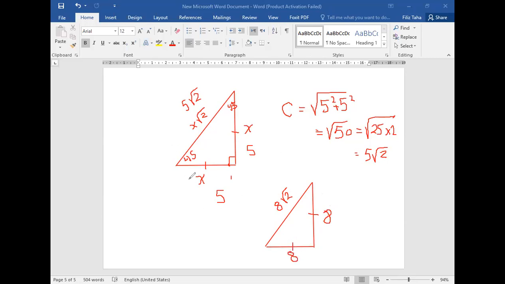So as I said, these are two special cases for the right triangle. The first one is 30, 60, 90, and we said x and 2x and x root 3, and 45, I'm sorry, this is 90, and 45, 45, and 90.